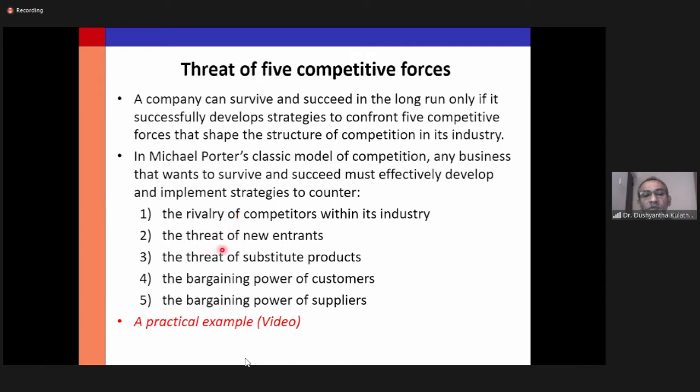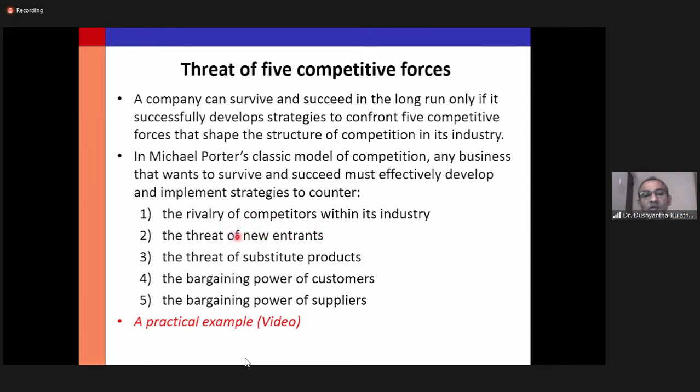Then threat of new entrants. This is another force that will operate in a particular industry, and there is a possibility that new entrants will come into the industry. That will be a threat to the existing competitors, the existing players, because when a new entrant comes into the industry, the competition among the competitors will increase, because the new entrant usually will come up with new technologies, new systems, new knowledge, new skills, and so on.